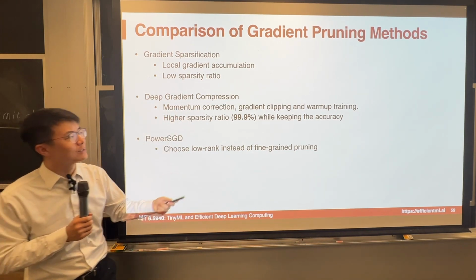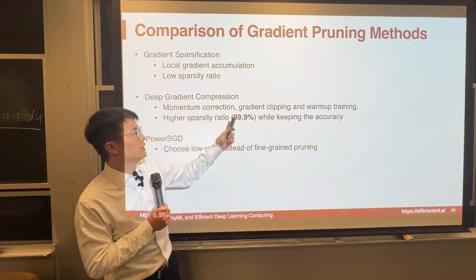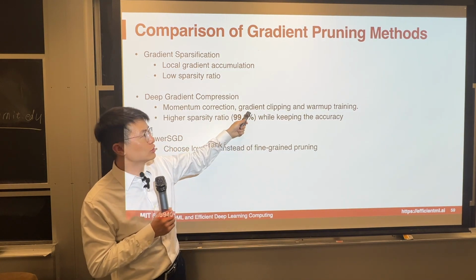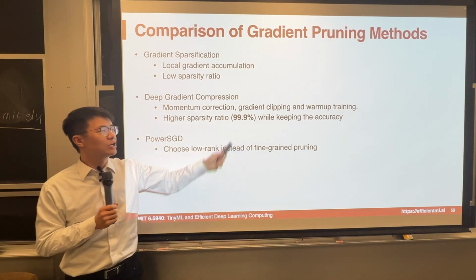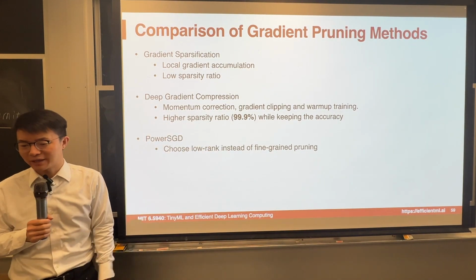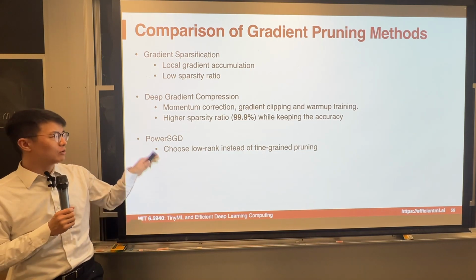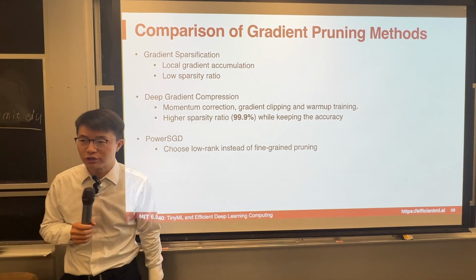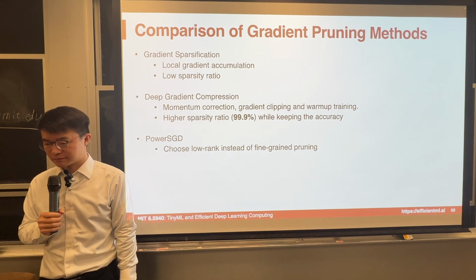We should accumulate the velocity rather than the gradient. Gradient clipping is also crucial. Warm-up training is also crucial. We can achieve a pretty high sparsity ratio while maintaining the accuracy. And to solve this getting-denser problem, we introduce the low-rank approach instead of the fine-grained pruning approach.